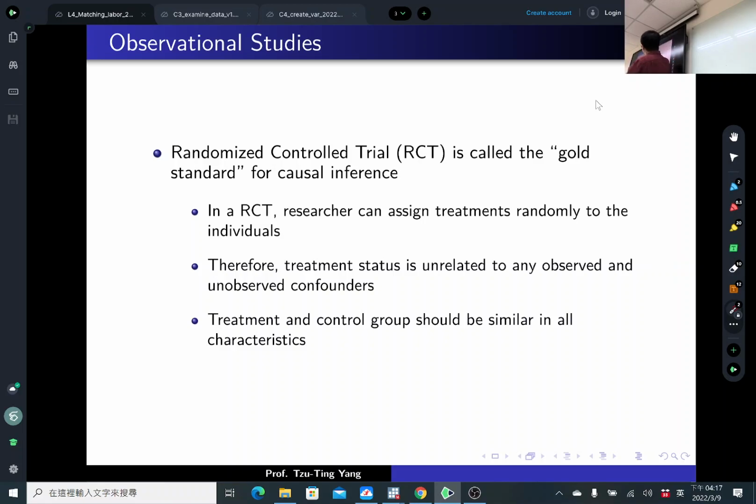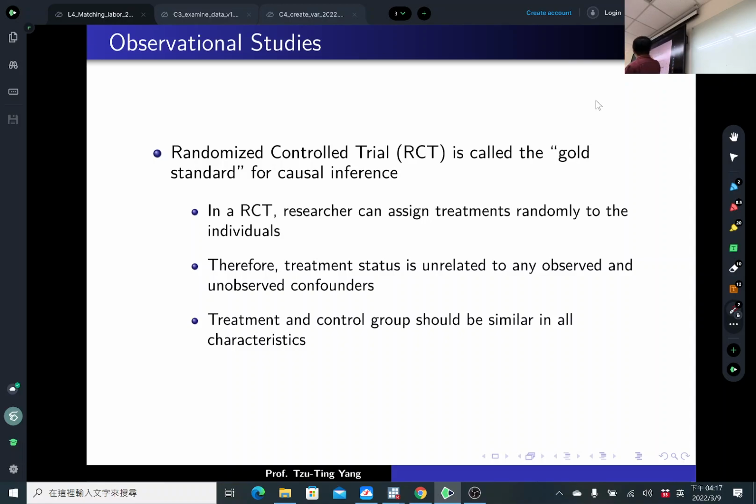But if you use the randomized control trial, you can basically eliminate selection bias due to several features. One feature is that when you do a randomized control trial, the researcher can determine who gets a treatment and who does not. So basically, the individual cannot choose whether they want treatment or not.